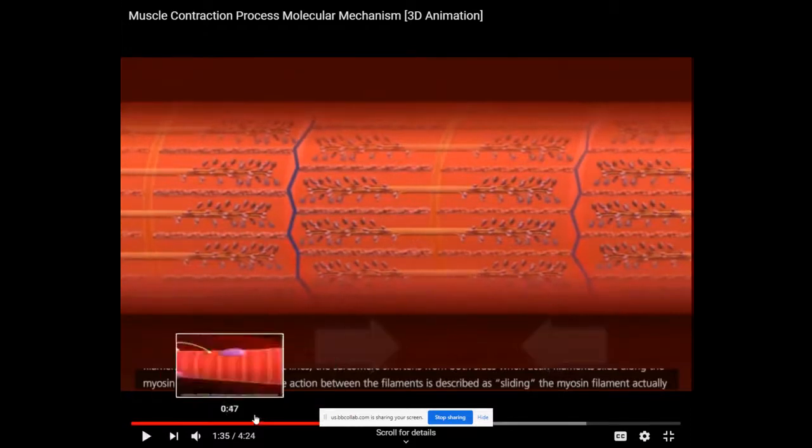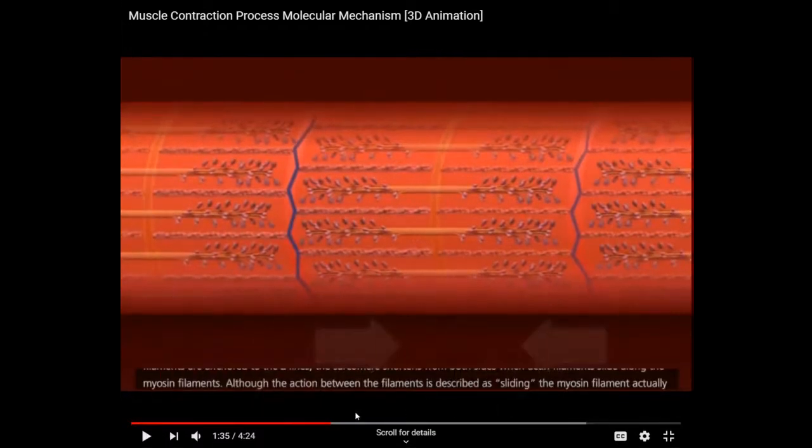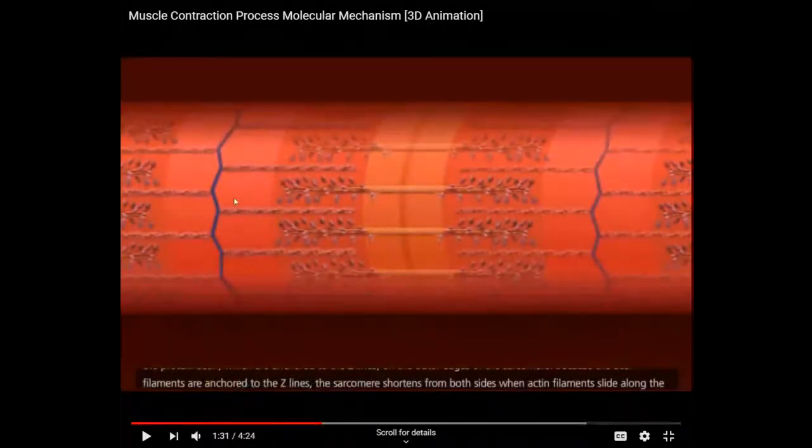Sorry to interrupt again, but you notice here, all right, remember these little zones here that we talked about? This right here is the I band, okay? That's just where there's thin filaments only, actin. So that's what gives your striated muscle that light appearance, right? And then where you see there's an overlap here, that's where the thick and thin, that's going to give the dark red appearance, right?